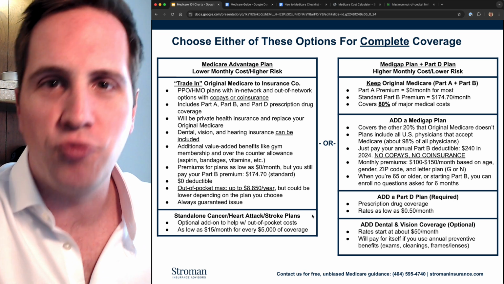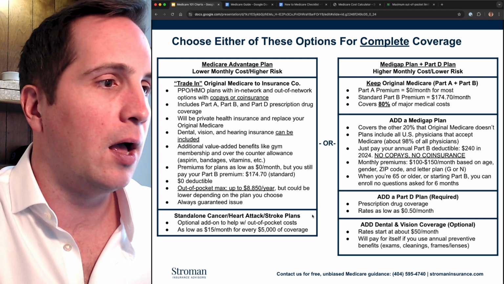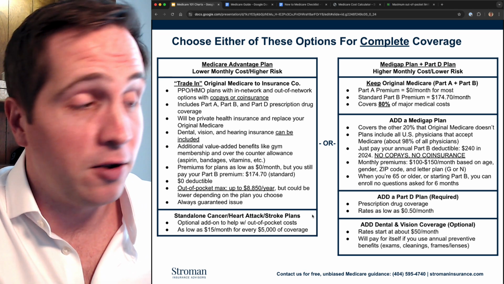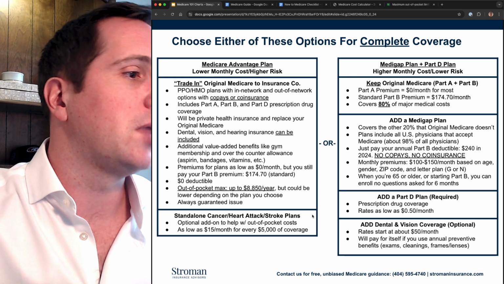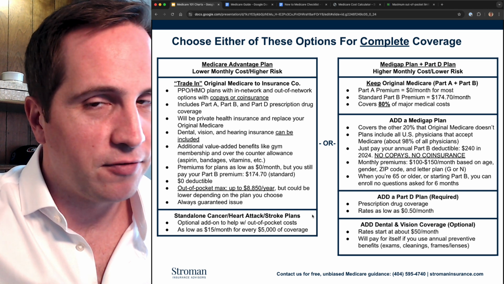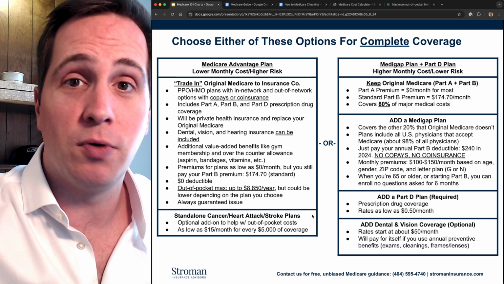So let's say you choose $20,000 in coverage, and you are unfortunately diagnosed with one of these conditions or experience a heart attack or stroke. You get a check for that amount, and you can use that money to do whatever you'd like with.